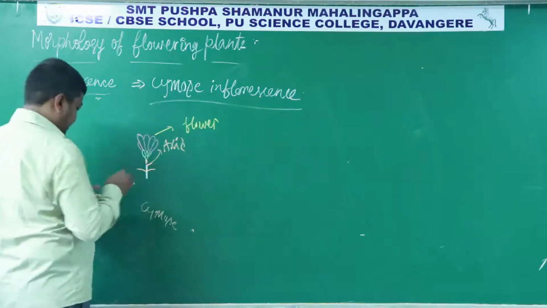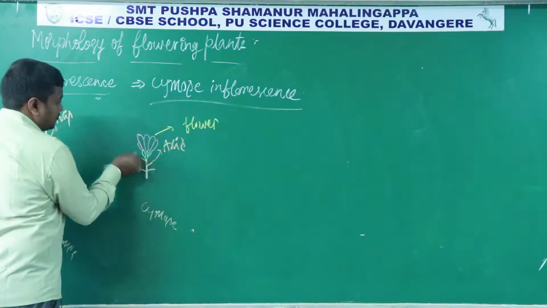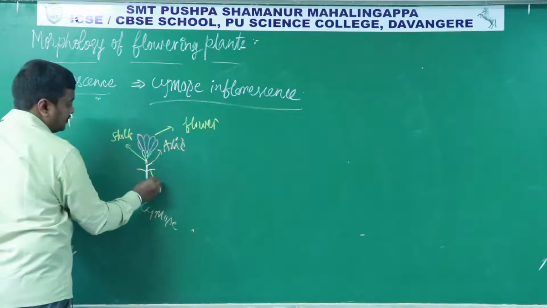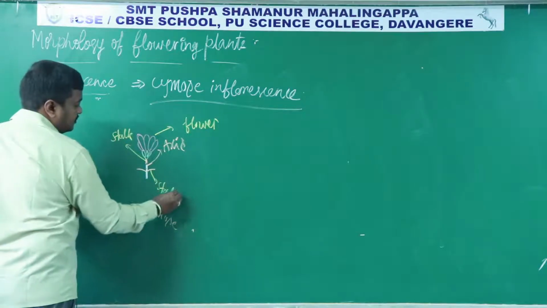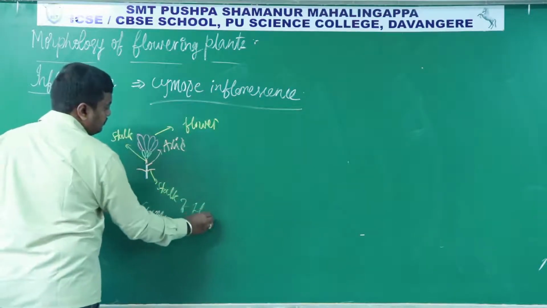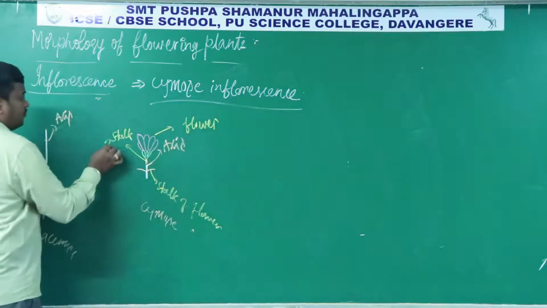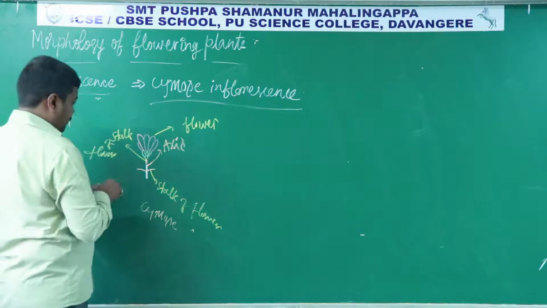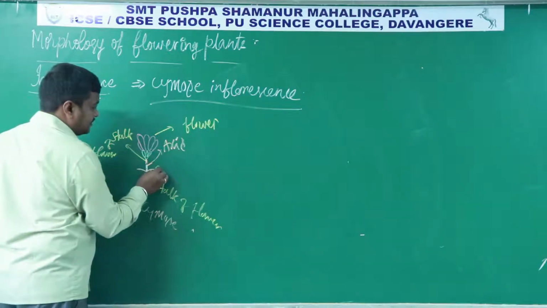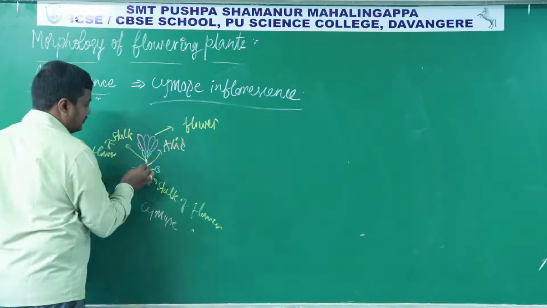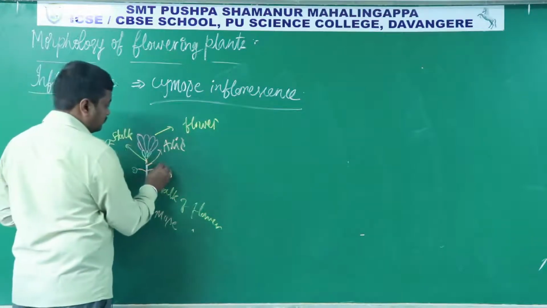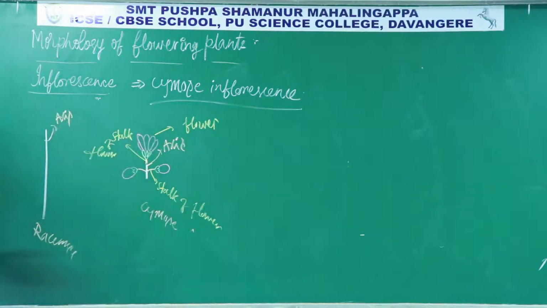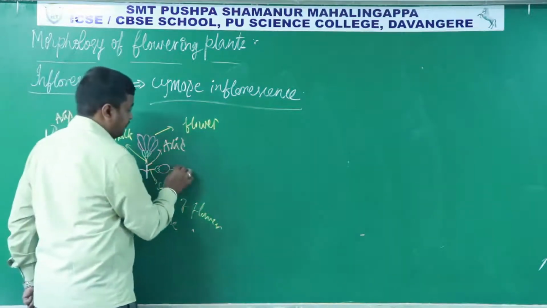Let me label it as well. This is the stalk of the flower. So here again the axis is there, where it has only buds. Okay, so this is a flower bud.